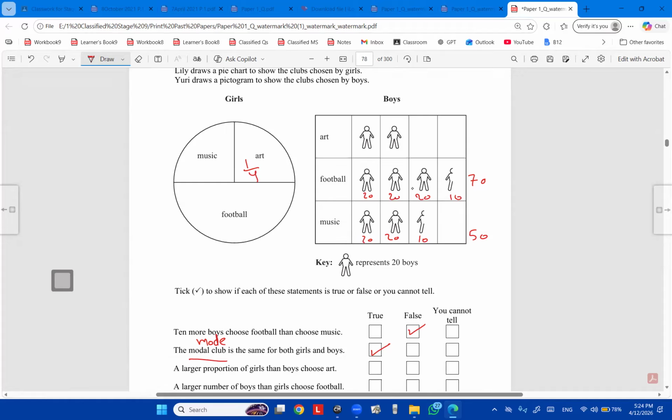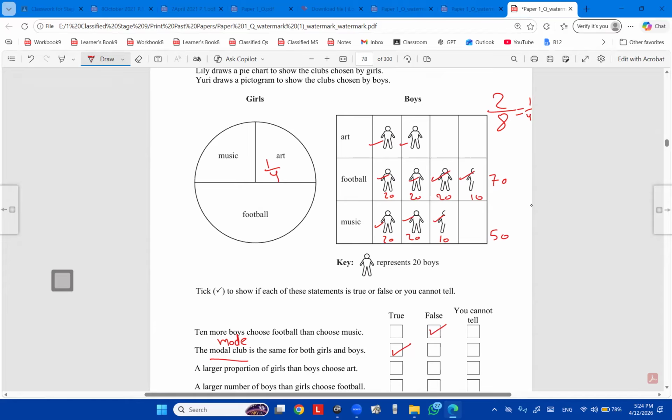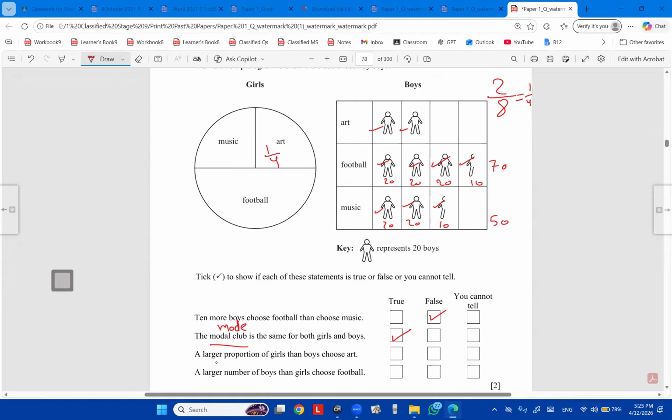I know that each one represents 20, but I don't need to do that right now. So I can just say it's 2 in the art out of how many? Out of 1, 2, 3, 4, 5 and a half, 6 and a half, 7 and a half, 8. So 2 out of 8, which is equal to 1/4 as well, just like the girls in the art. So they are the same proportion, not a larger proportion, so false.